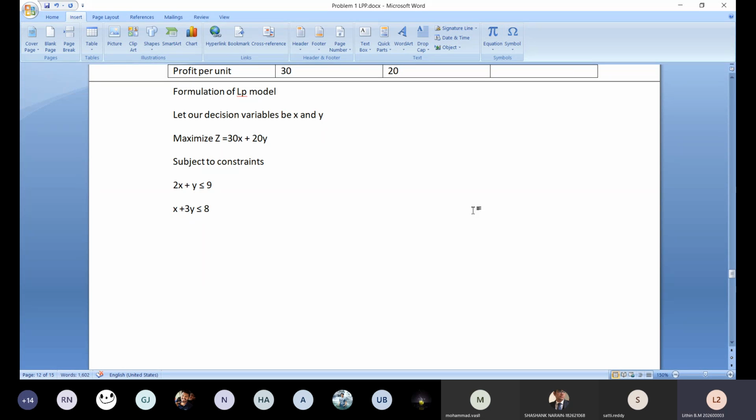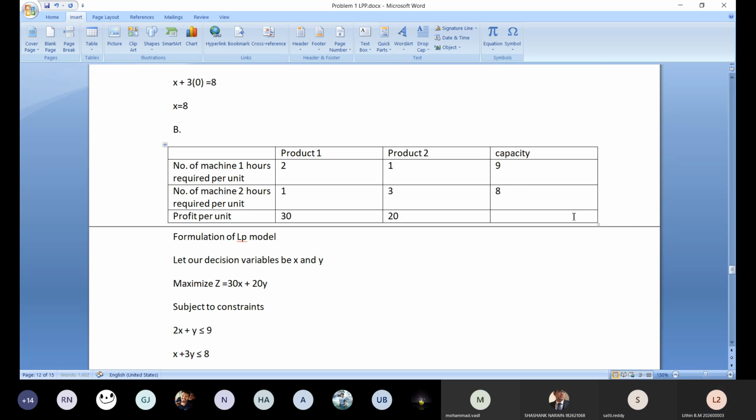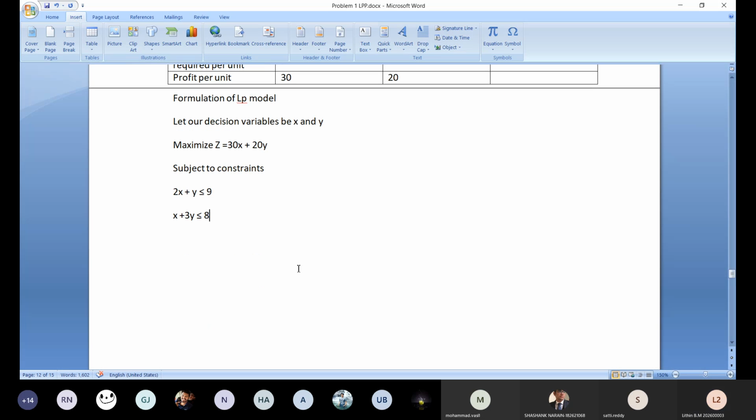Here it is 8. See, the capacity is increased only for machine 1, not for machine 2. So this will remain the same. Then finally the non-negativity constraint: x, y should be greater than or equal to 0. So now next we have to find out the corner points.